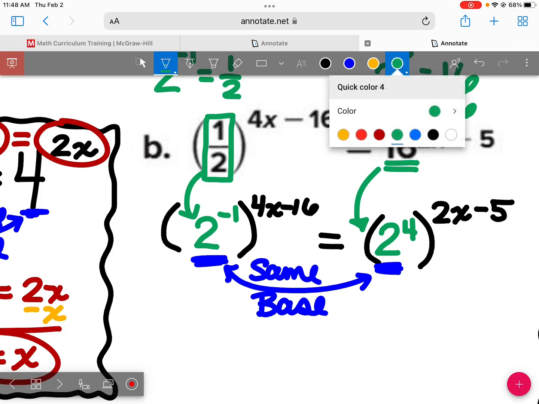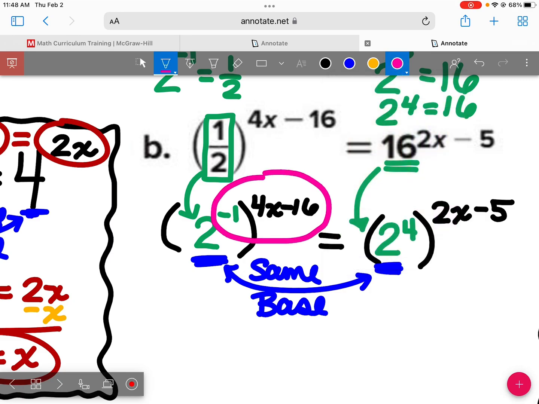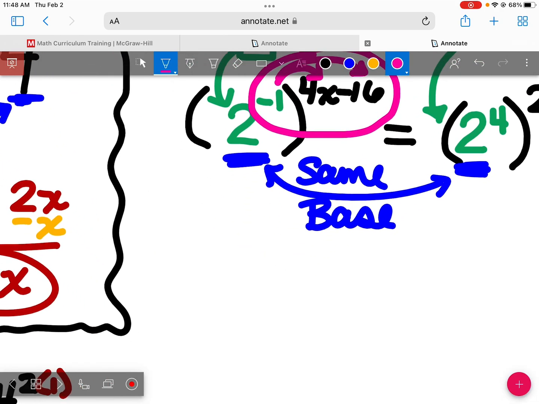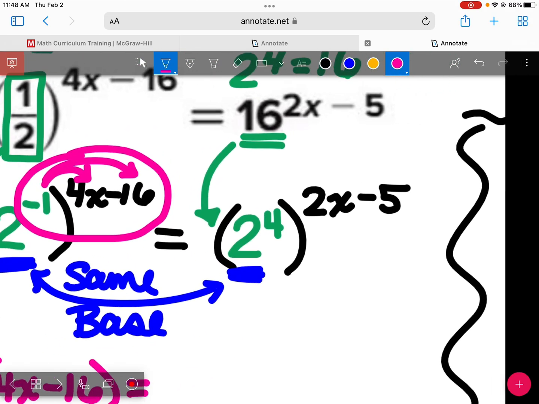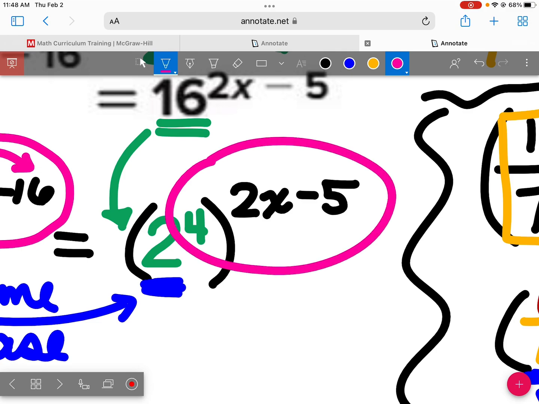Over here, let me change to something that's not red. Over on the left, that negative 1 has to get distributed to both pieces. So I have negative 1 that gets distributed to 4x minus 16. What about over here on the right? The 4 gets distributed.